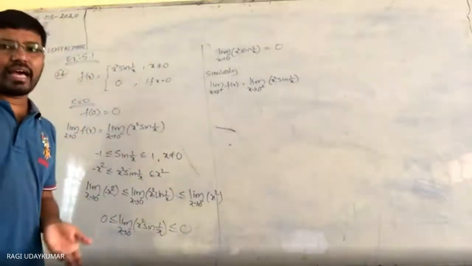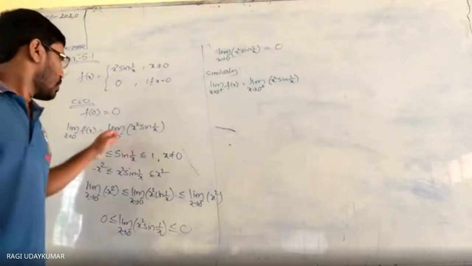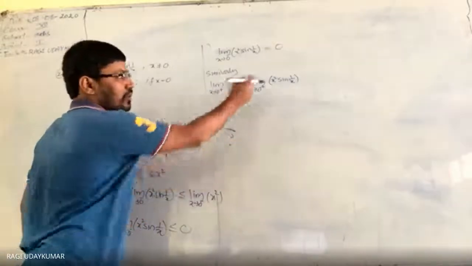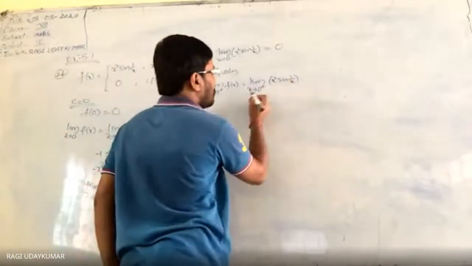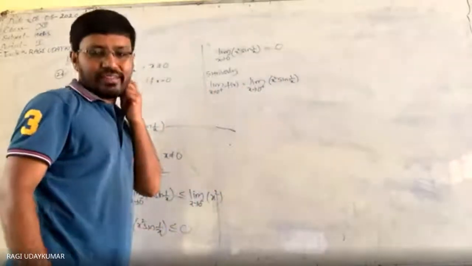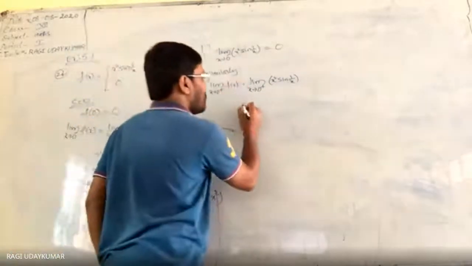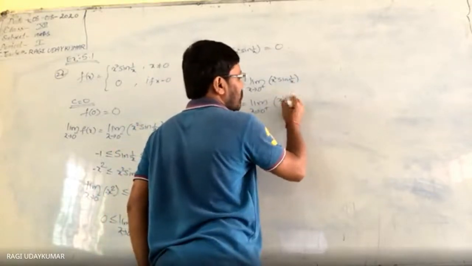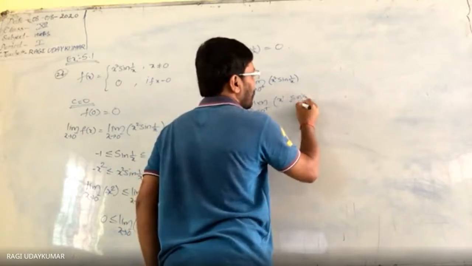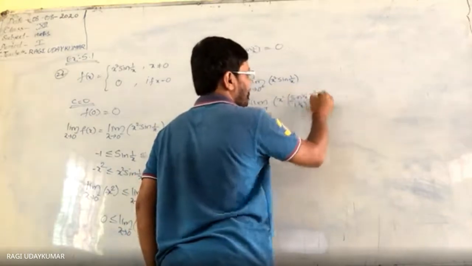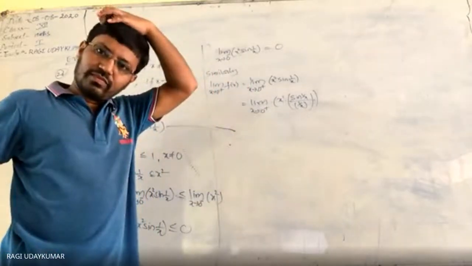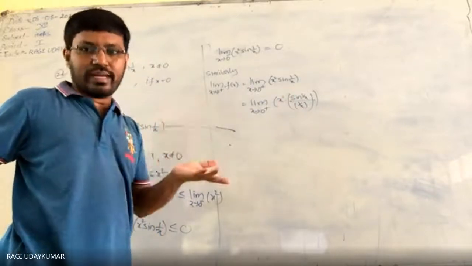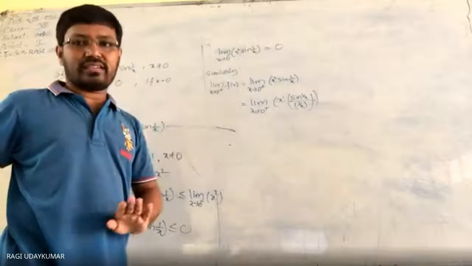This can be proved in another way also. Let me complete this part, and I will tell you the other way. Taking limit x tends to 0 plus, this can be written as x square by x into sin 1 by x by 1 by x, into 1 by x; x into 1 by x is x square.